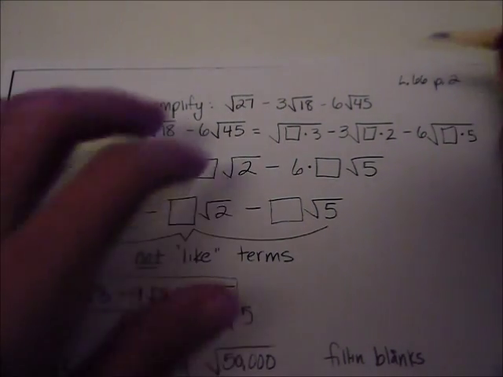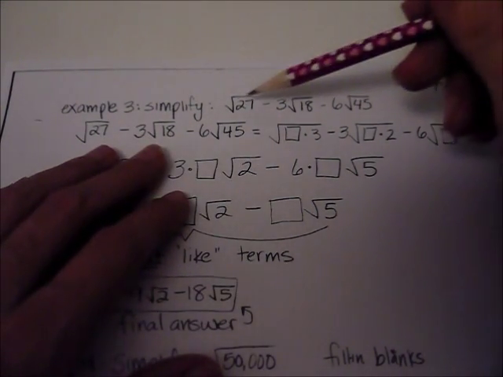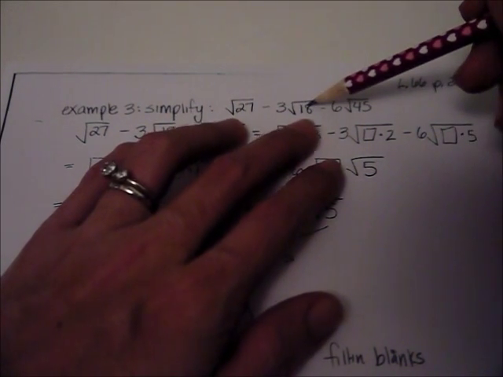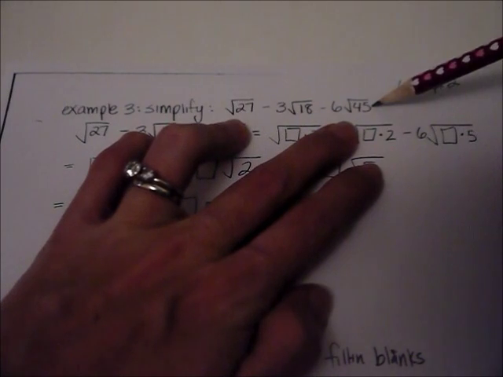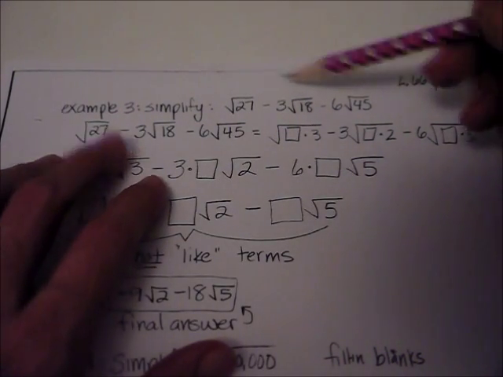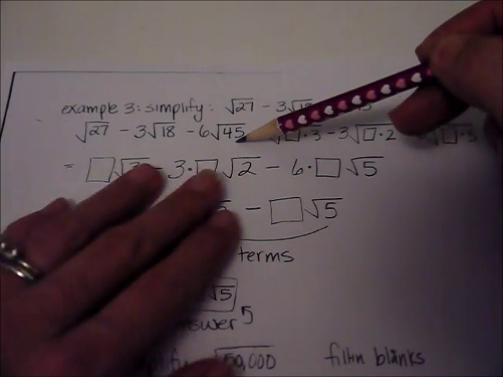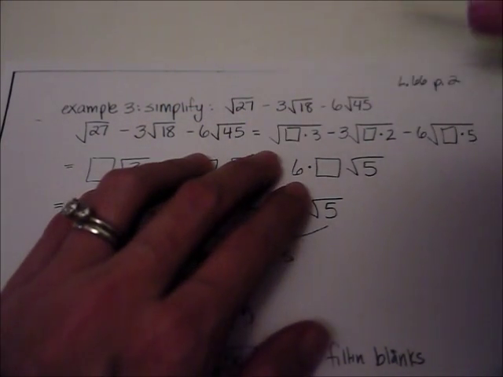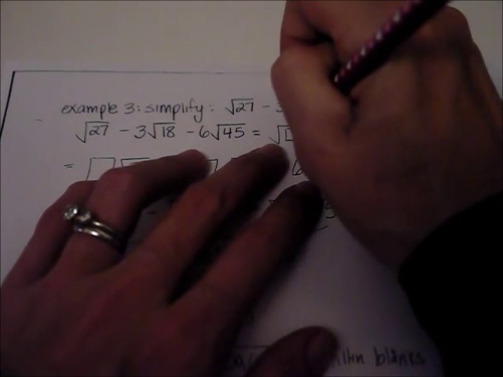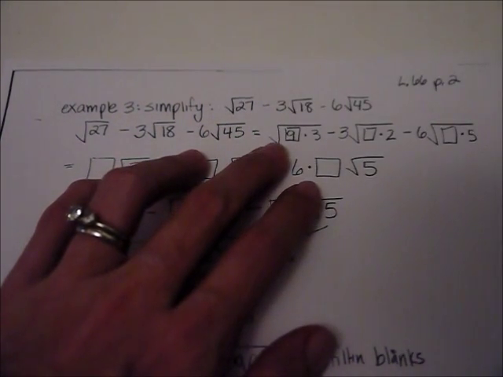All right, good answer. Now we've got the square root of 27 minus 3 times the square root of 18 minus 6 times the square root of 45. So we've got some simplifying to do. I guess I wrote the exact same thing right here. I just rewrote it. So the square root of 27, as we've done, is the square root of 9 times 3.